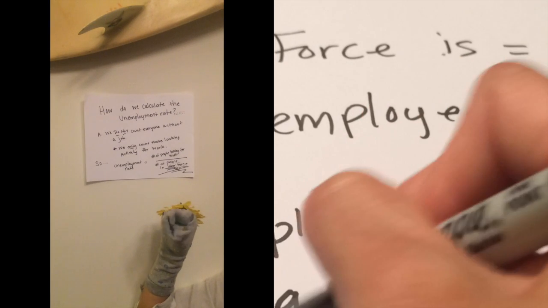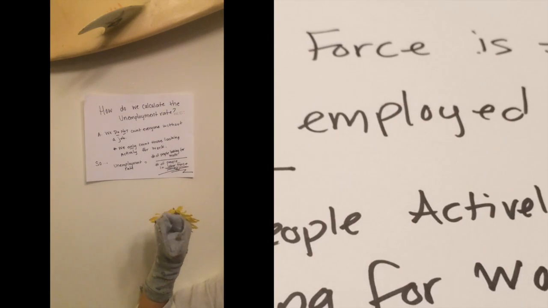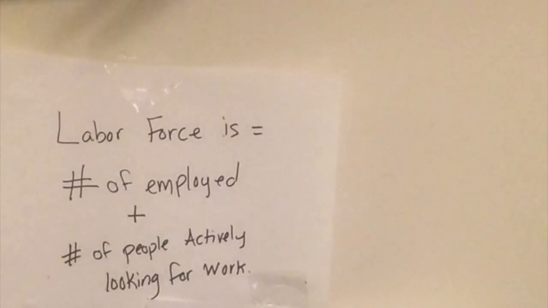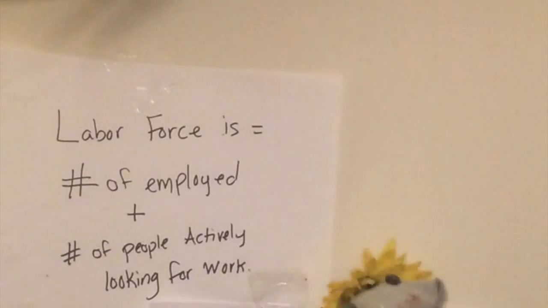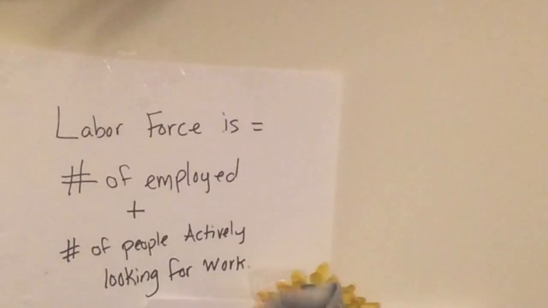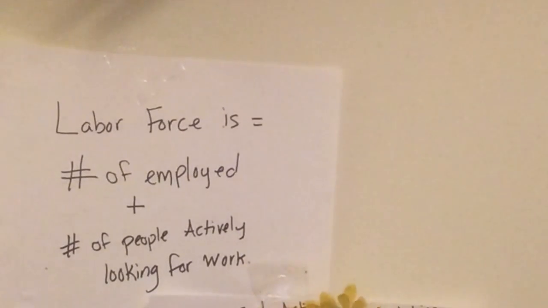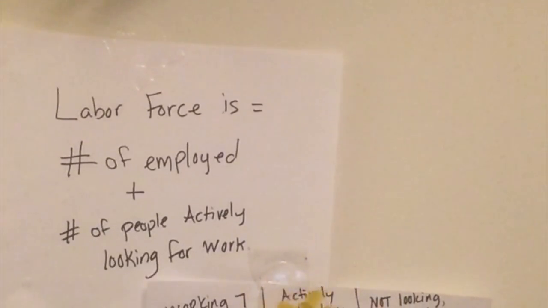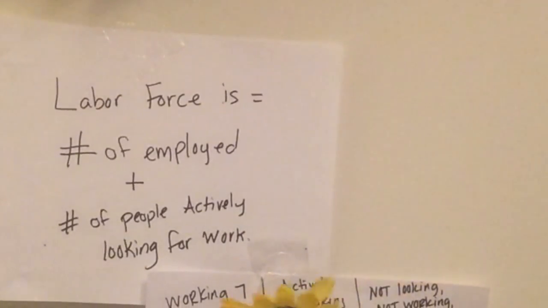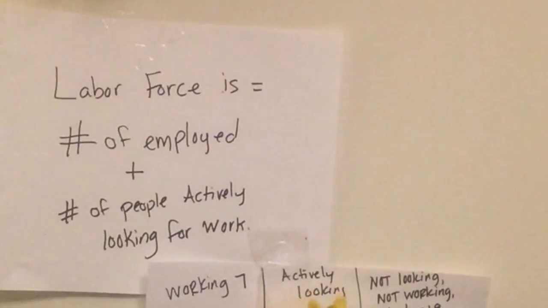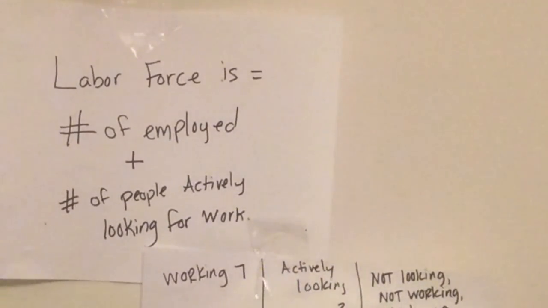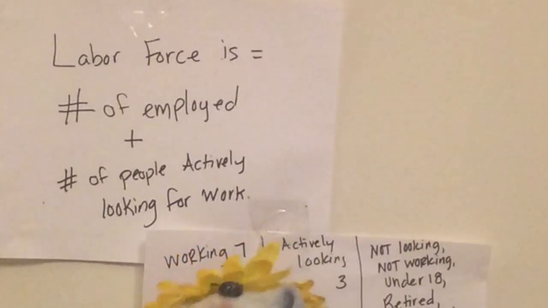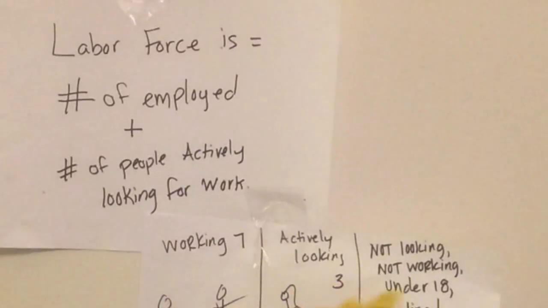What exactly is that labor force? It's right here. The labor force is the number of employed plus the number of people actively looking for work. Check this out. Here in Ledford Land, there are 7 people working, that's this column right here. There are 3 people actively looking for jobs.